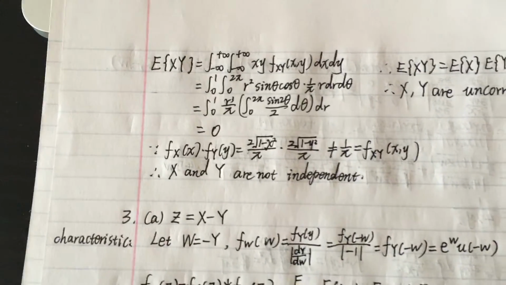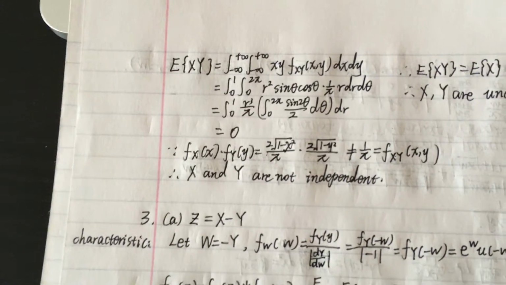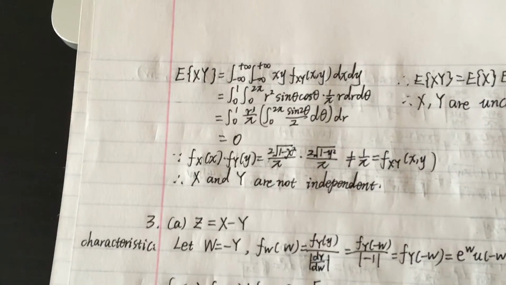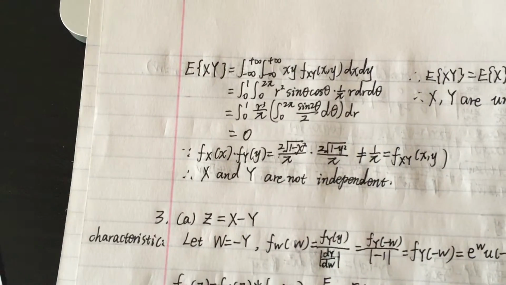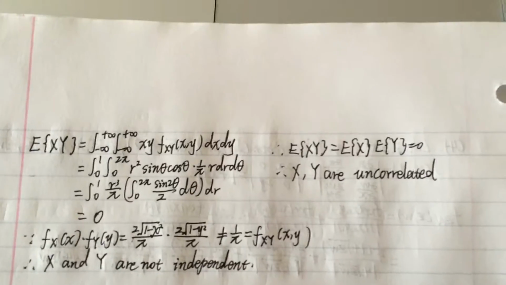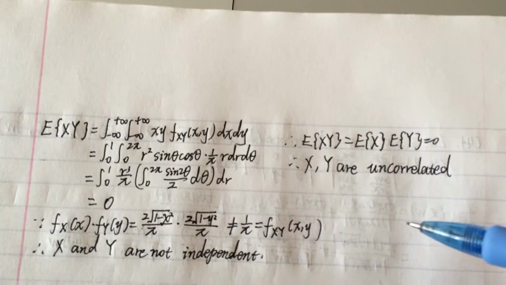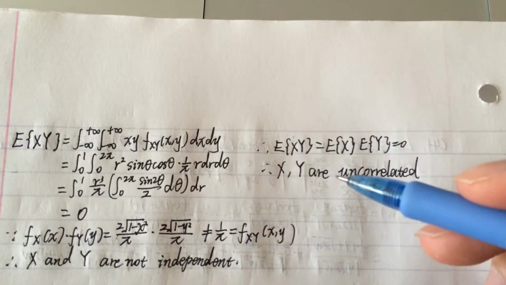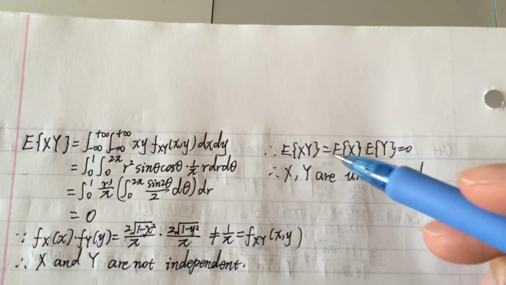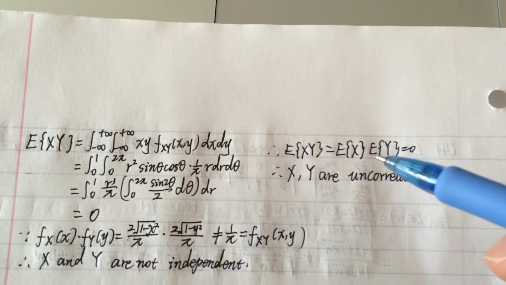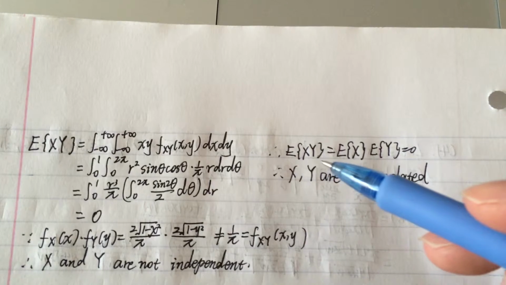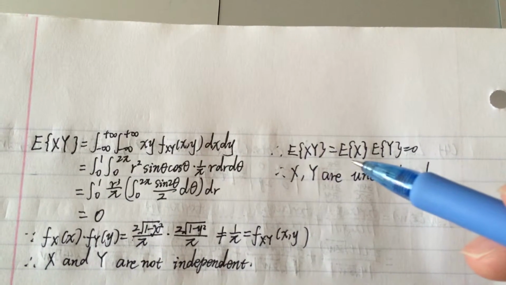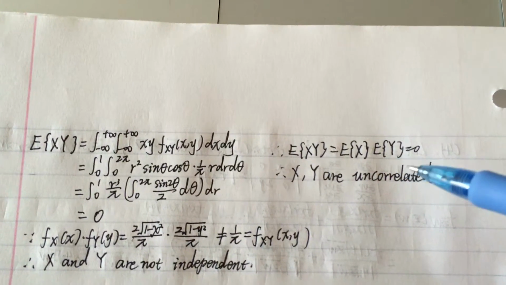The covariance of x and y equals the mean of xy minus the mean of x times the mean of y. Because the mean of xy equals 0, the mean of x equals 0, and the mean of y equals 0, the covariance equals 0.